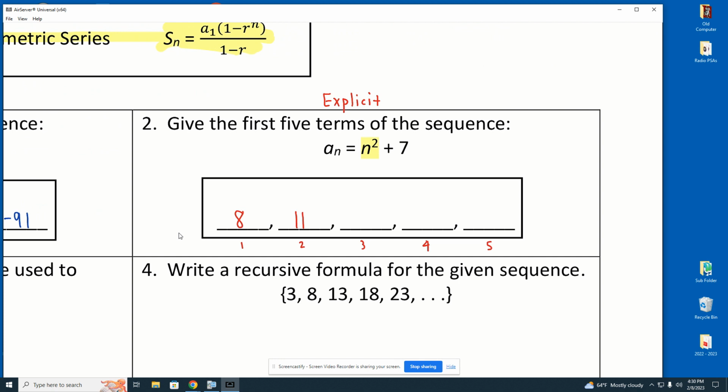To find the third term, plug in 3. 3 squared, 9. 9 plus 7, 16. To find the fourth term, 4 squared, 16. Plus 7, 23. To find the fifth term, plug in 5. 5 squared is 25. 25 plus 7, 32. That's how you find all the terms in an explicit formula.